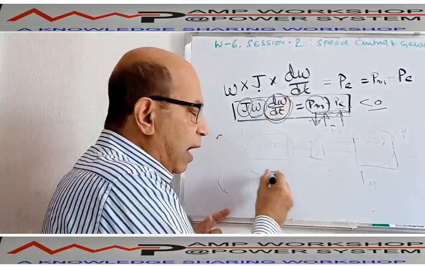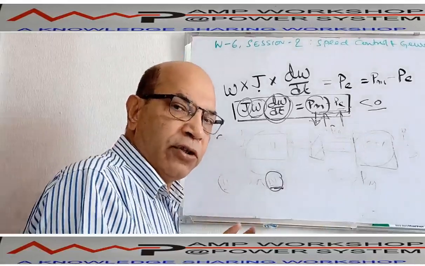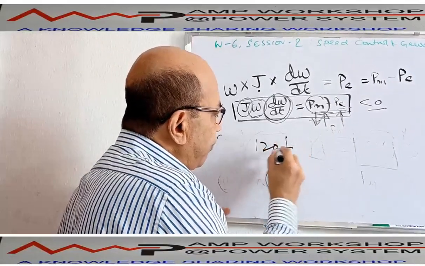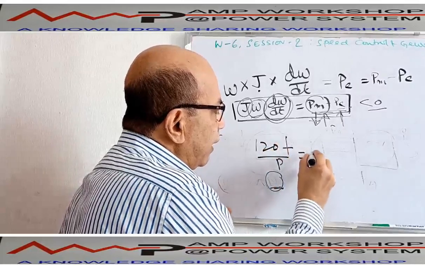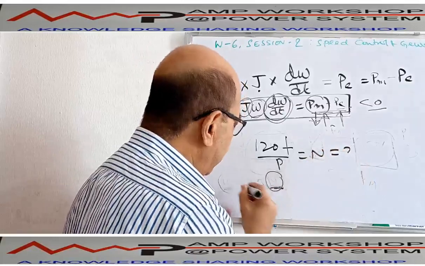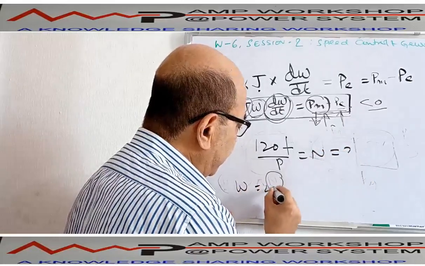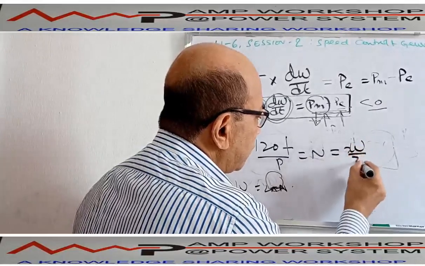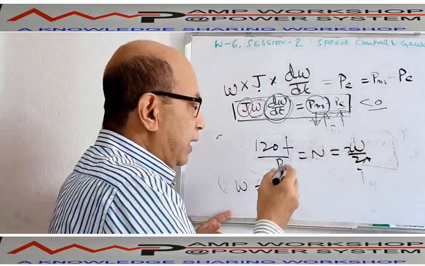Now how will this RPM affect the frequency of the generator? We know 120 F by P equals N. And N equals what? We said already omega equals 2 pi N, so N equals omega by 2 pi. Is it clear?